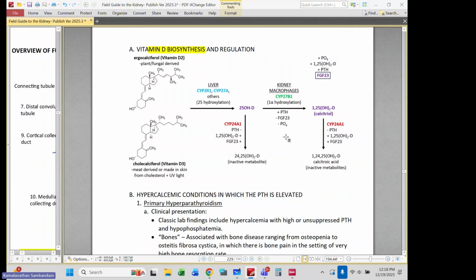Phosphate is an inhibitor of 1-alpha hydroxylation as well. Okay, so PTH is a stimulator, FGF23 and phosphate are inhibitors of 1-alpha hydroxylation.